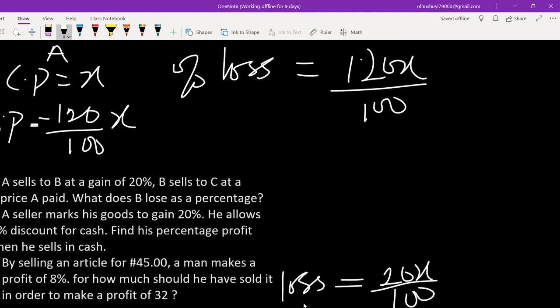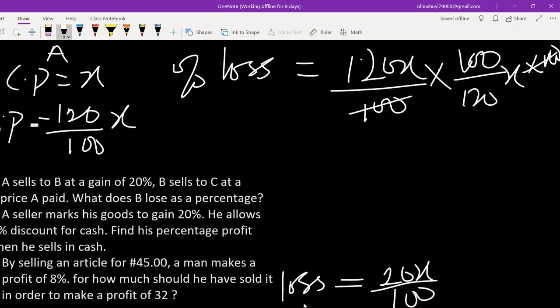And the cost price is the selling price of A. That will be times, somersault it straight, 100 over 120x. Loss over cost price, then times 100.